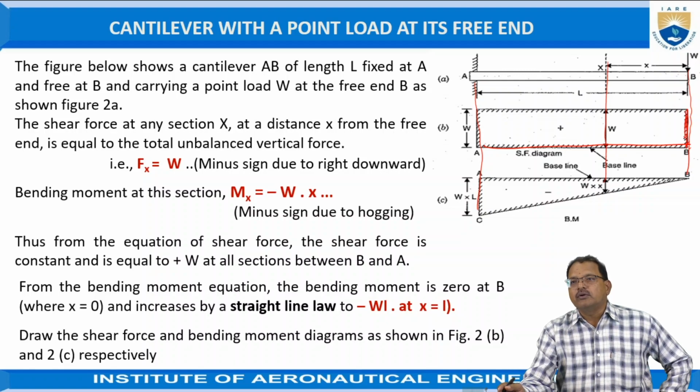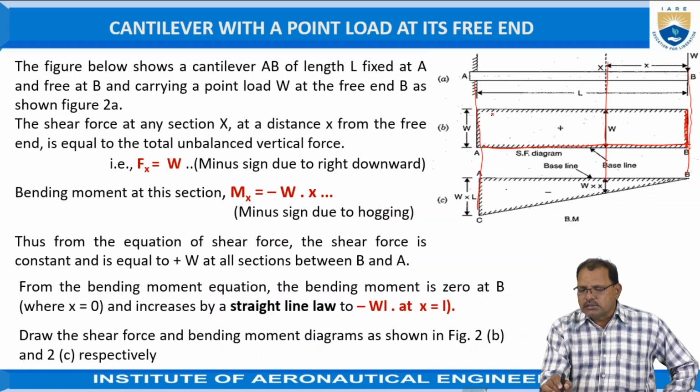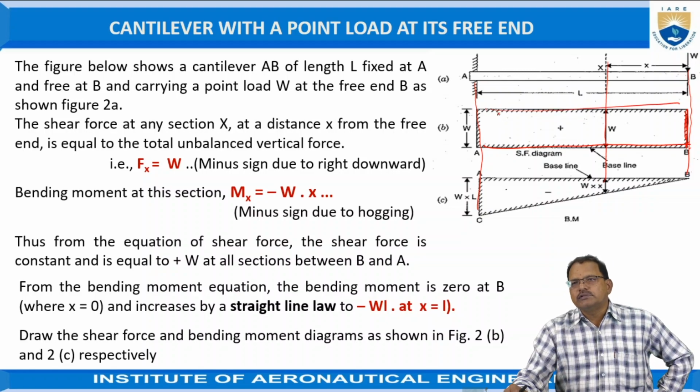You have to represent it according to a certain scale. Since the shear force is constant as we move from B to A, draw a horizontal line. This represents the distribution of shear force along the length of the beam.